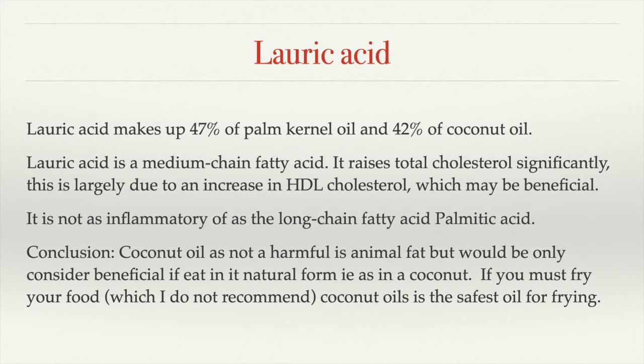Lauric acid makes up 47% of palm kernel oil and 42% of coconut oil. Lauric acid is a medium-chain fatty acid. It raises cholesterol significantly. This is largely due to the increase in HDL cholesterol, which may be beneficial. It is not as inflammatory as the long-chain fatty acids such as palmitic acid.